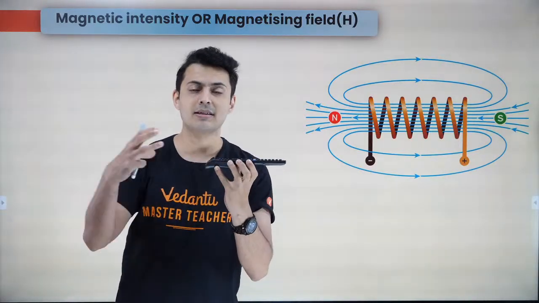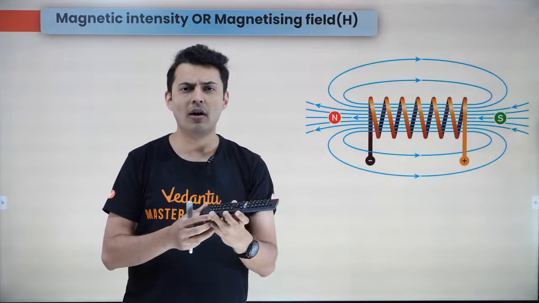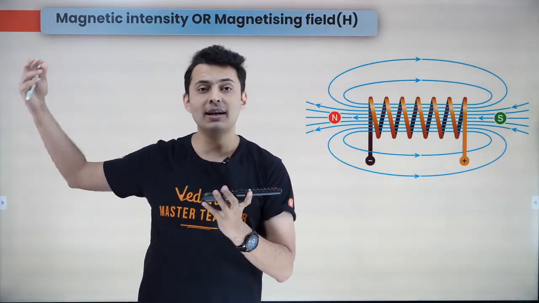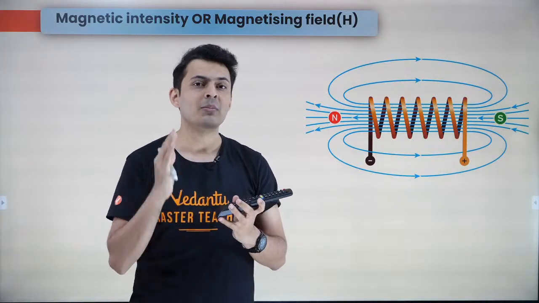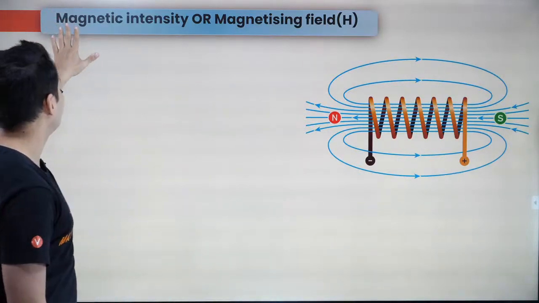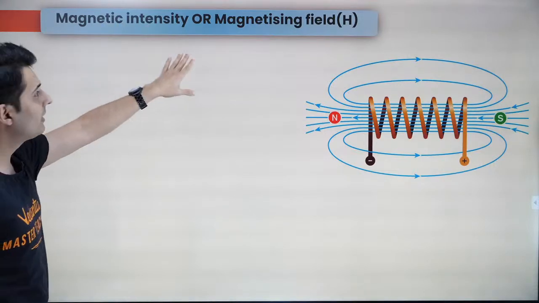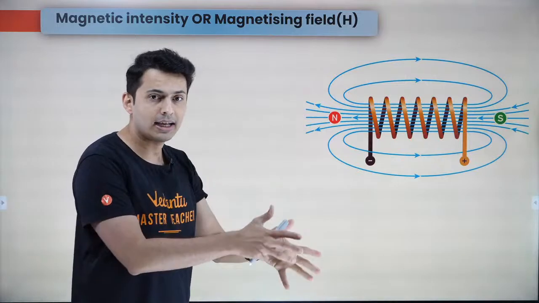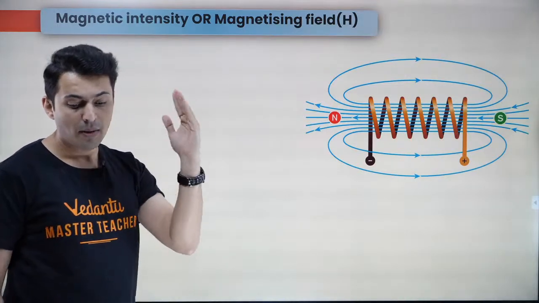So I place it inside some solenoid or bring it in front of some other magnet. So how strong that external field is is given by this particular term, which is called magnetic intensity or magnetizing field. How strong that external field is, that is called magnetizing field.